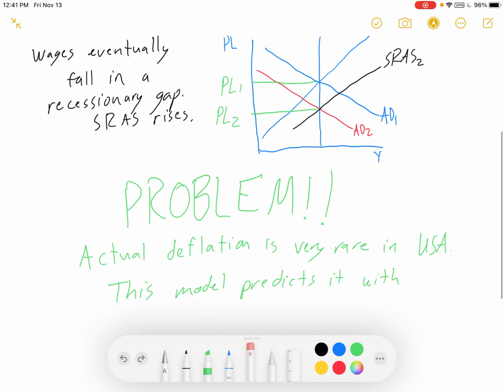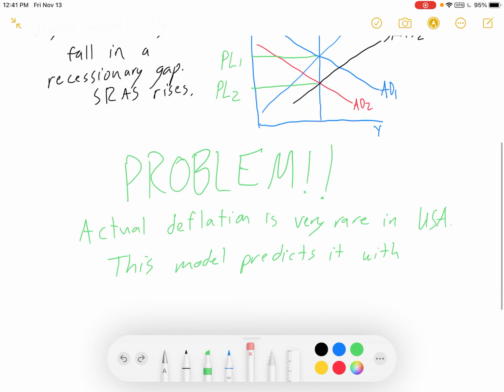For instance, the last time we had a recession with a year of deflation was in the 1930s in the Great Depression. It's been almost 100 years since we've had a year of deflation. And this model predicts that it happens every time there's a negative demand shock.